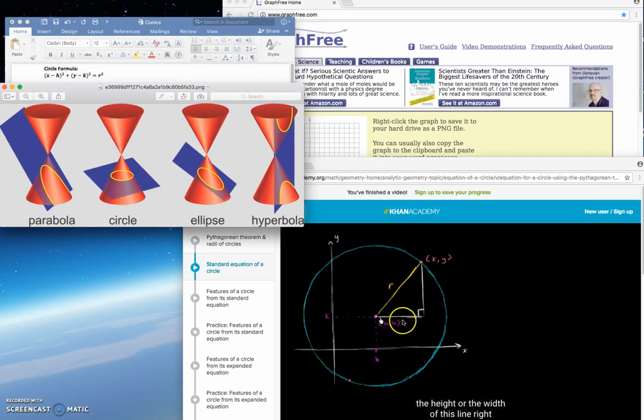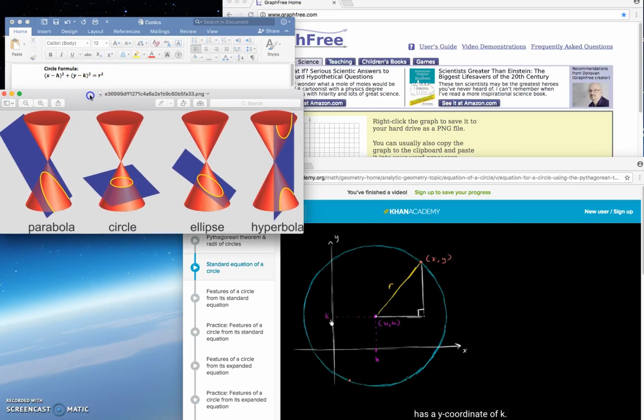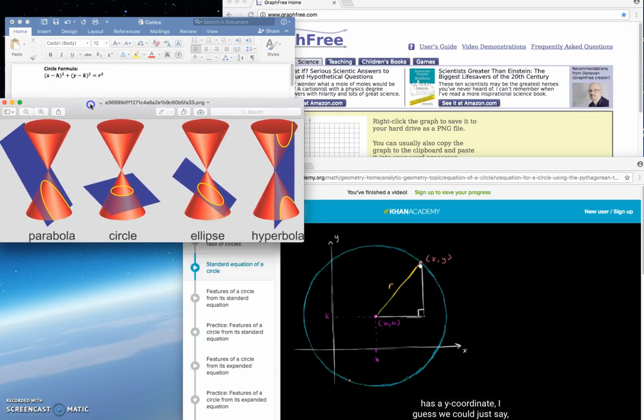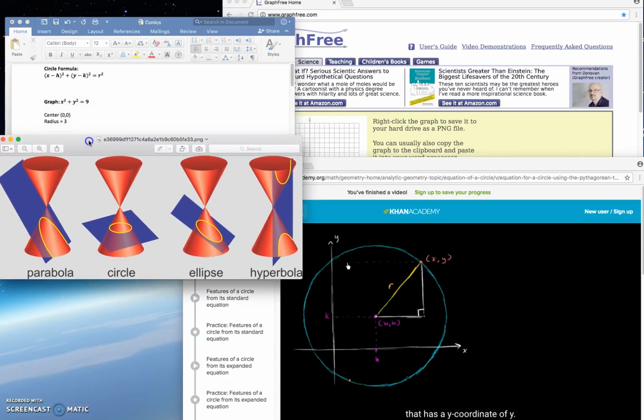Again, what this Khan Academy video is doing is deriving the circle formula. When they get to the end, you're going to see it: x minus h quantity squared plus y minus k quantity squared equals r squared. Now h and k represent the center of the circle, and r represents the radius.